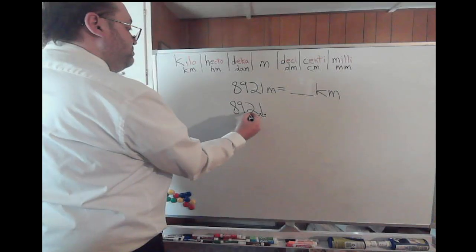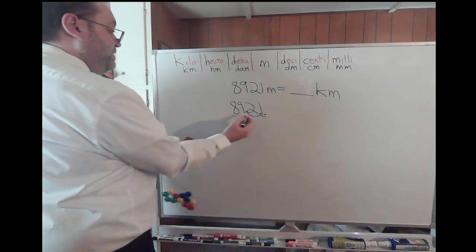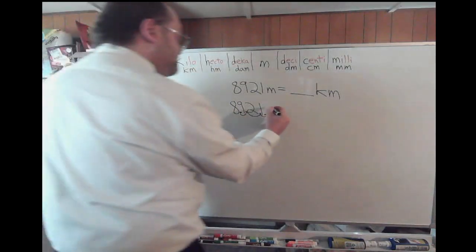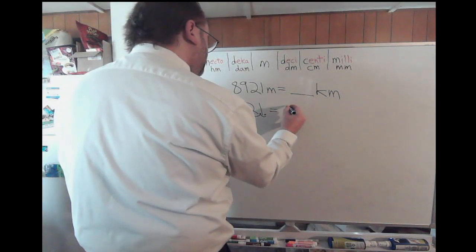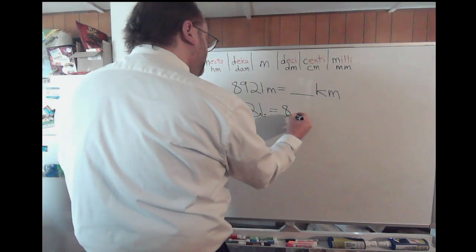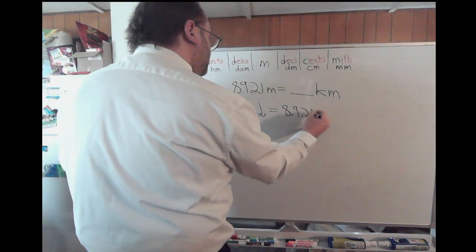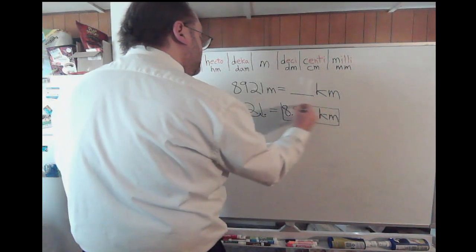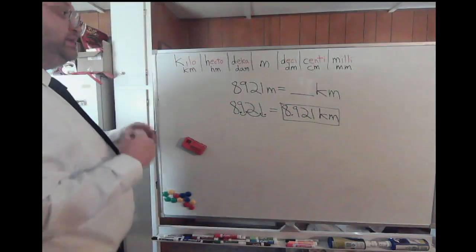Move it 2 decimal places to the left, you get your hectometers. Move it 3 decimal places to the left, you get your kilometers, which would be equal to 8.921 kilometers. So that's the answer, 8.921 kilometers.